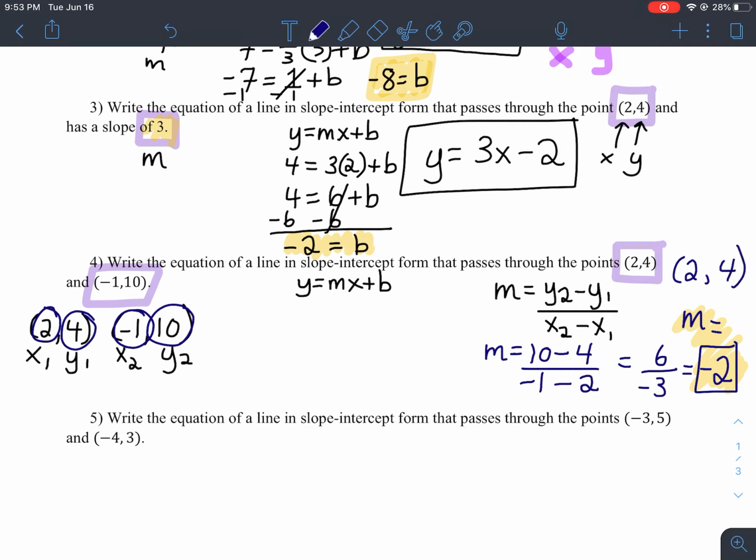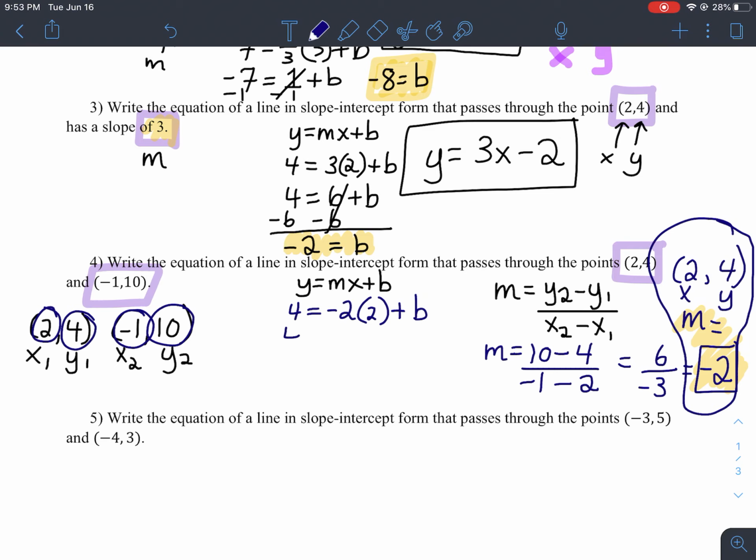So I'm going to put that over here by the m. And remember, 2 is our x value, and 4 is our y. So now let's plug all of this stuff into y equals mx plus b. So y is 4, m is negative 2, x is 2, and b, that's what we're trying to solve for.